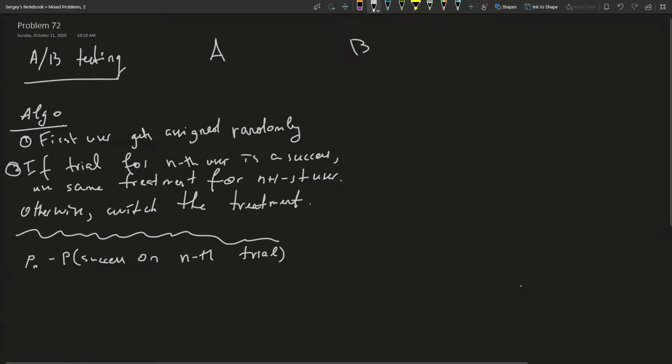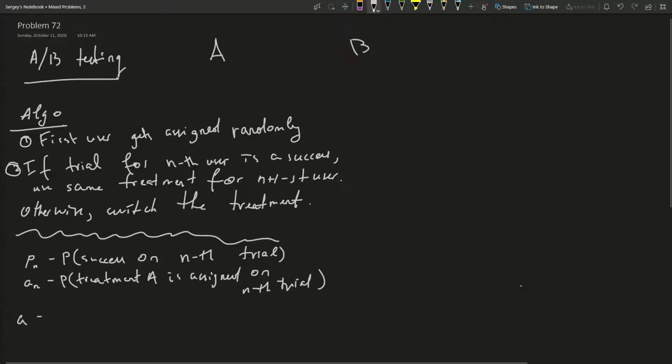We're also going to have A sub n, and this is the probability that treatment A is assigned on the nth trial.